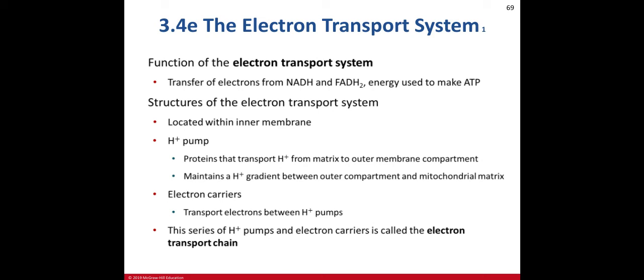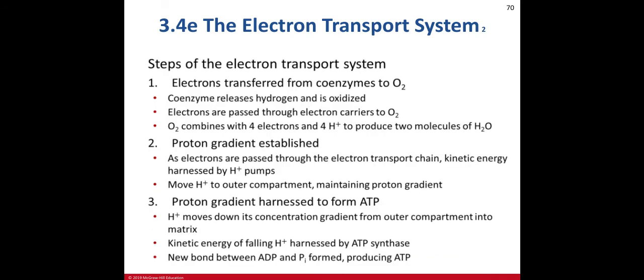There are the electron carriers, that's the NADH and FADH2, that are going to be transporting these electrons between these pumps. And then, of course, there's this series of pumps and electron carriers that all together we call the electron transport chain.